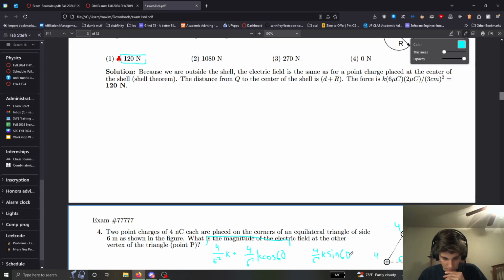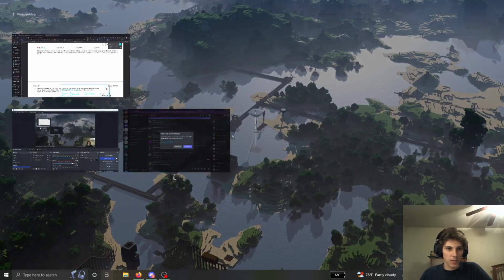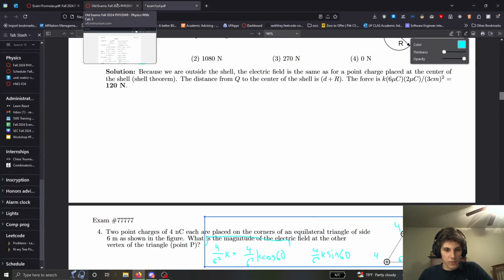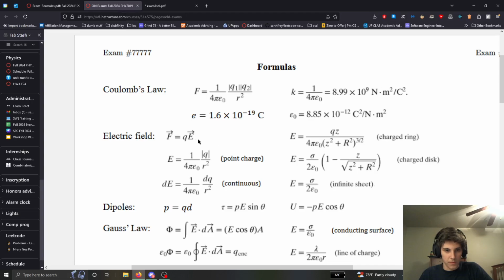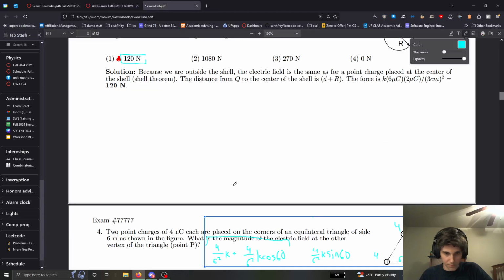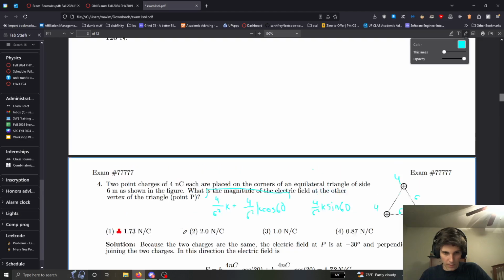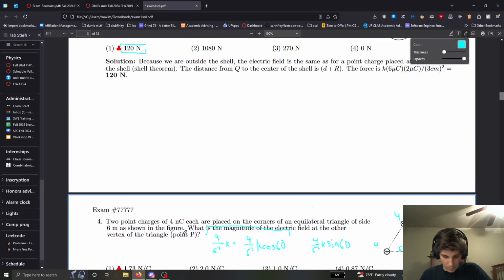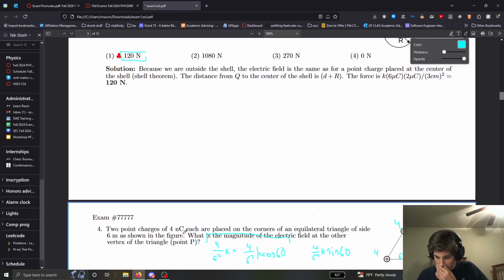But oh wait, oops. In an electric field, you do use k. What was I doing? Am I crazy? I don't know. My notes don't have me using k, but that can't be right. Surely that can't be right.